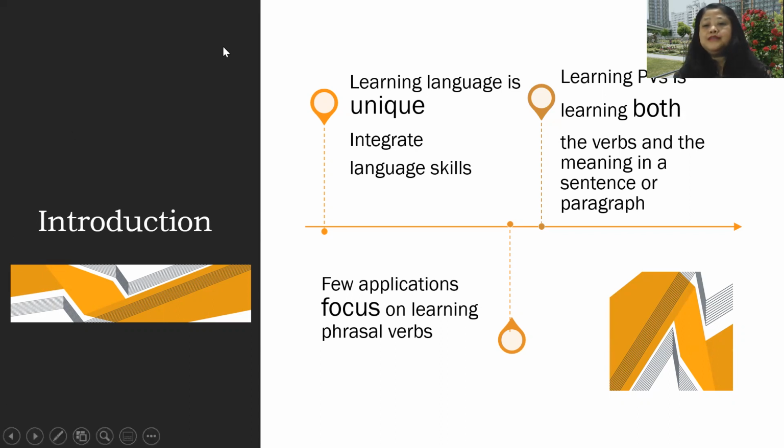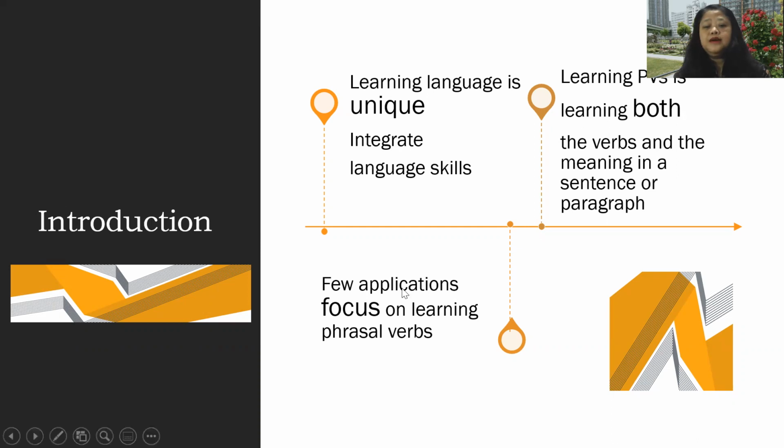When we learn phrasal verbs, we learn both the verb and also the meaning in each sentence or paragraph. The verb sometimes changes its meaning after it has a preposition or adverb. The last one is that few applications focus on learning phrasal verbs. Of course, there are some applications, but few focus on learning phrasal verbs.